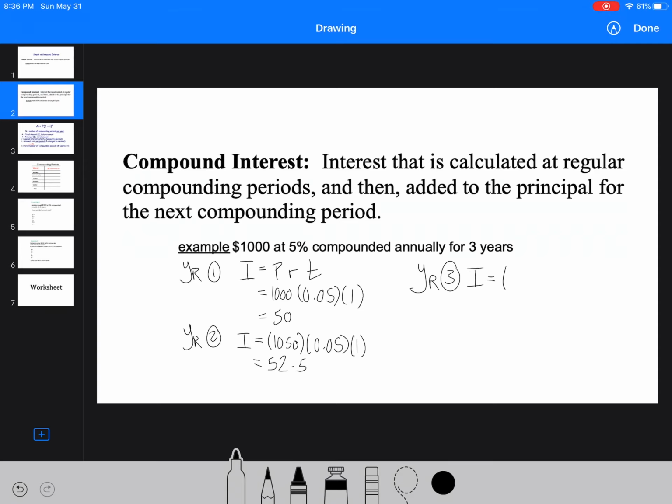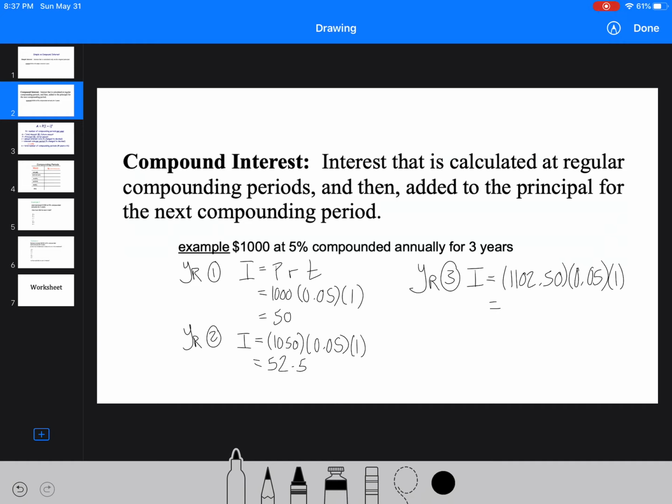I know this doesn't seem like much just because we're using very small numbers right now, but we've got $1,102.50 times our rate times our 1 year.